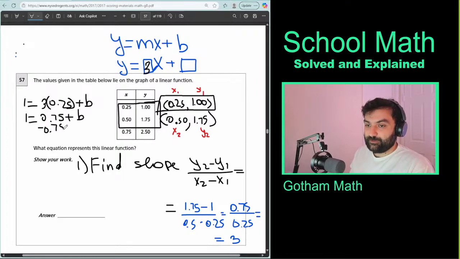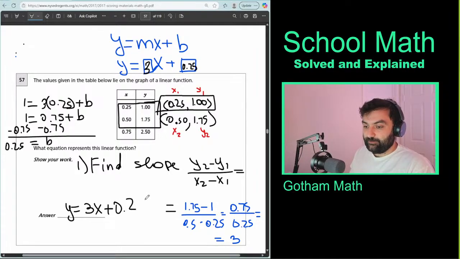Subtract 0.75, subtract 0.75, b, and here it's 1 minus 0.75, and that's it. And you just found your last part. And that would be the answer: y equals 3x plus 0.25. That's how you do it.